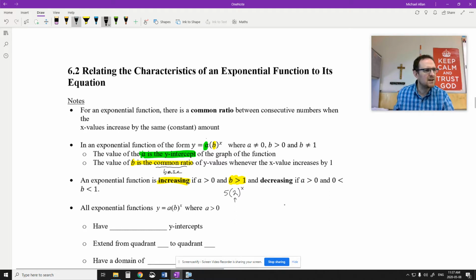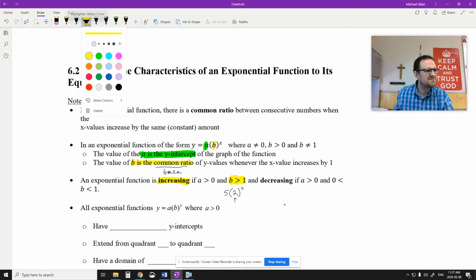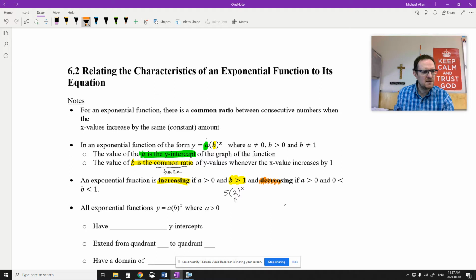Now if the b value, let's go orange here, if the b value is between 0 and 1, I'm sorry that these are two different lines here, so an example of that would be like 5 to the power of a half, right? So that would be something between 0 and 1. Now be very careful that not all fractions are between 0 and 1.